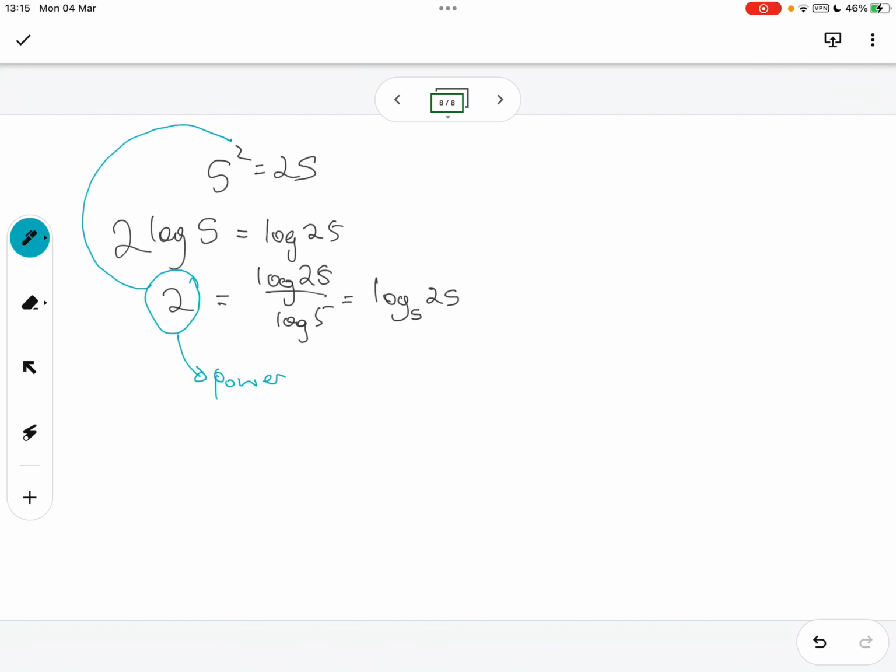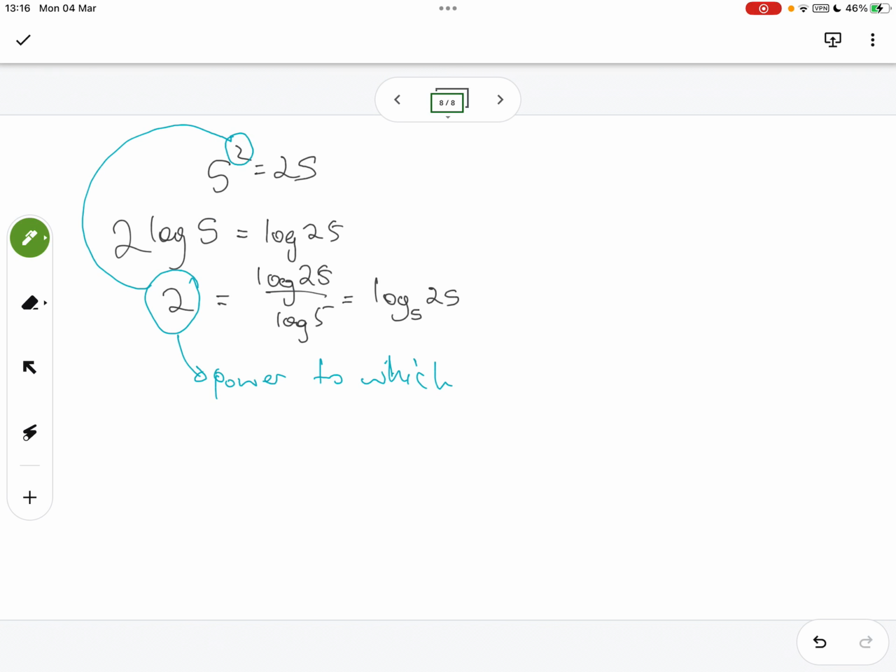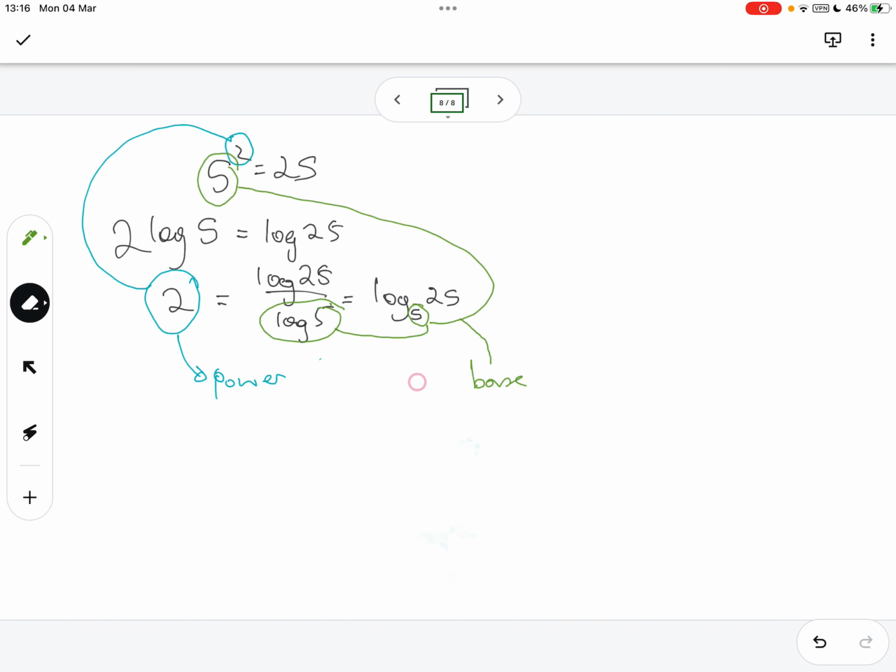So this is a power, the power to which the base 5 must be raised.